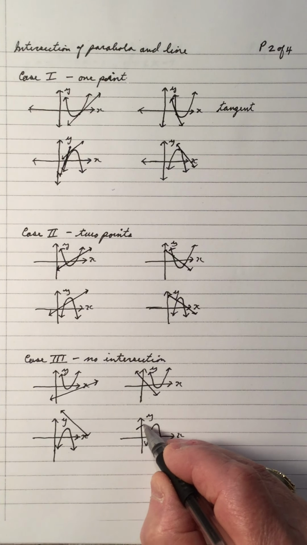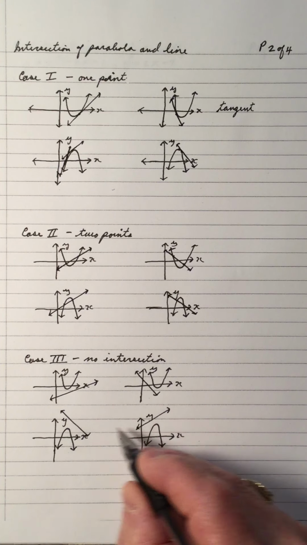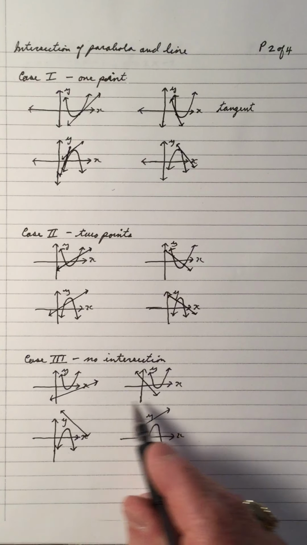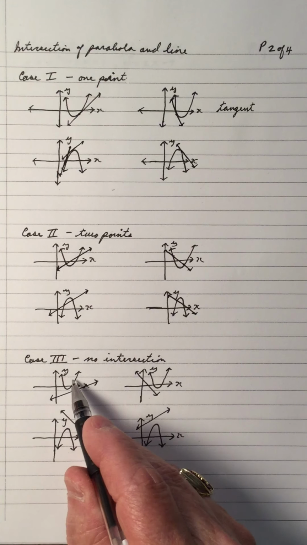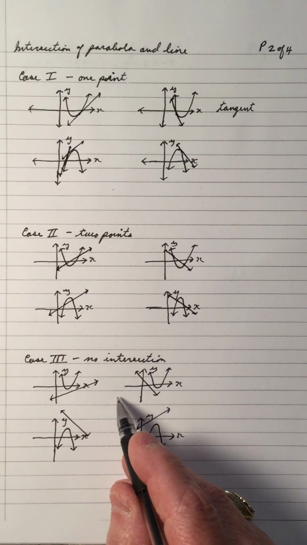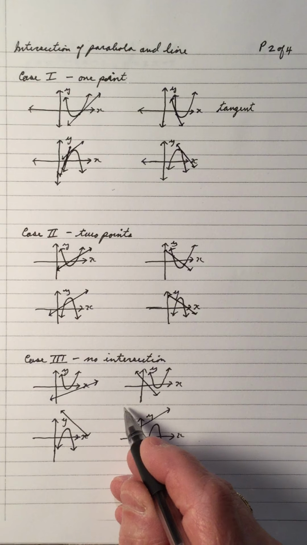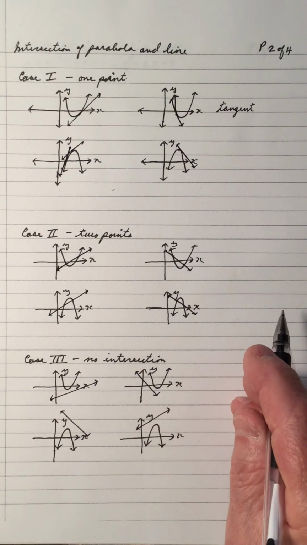Or we can draw this positive slope, and it doesn't intersect the parabola. So there's no intersection between the parabola and the line. And in this case, if you were solving, you would get an imaginary number when trying to find the points of intersection.